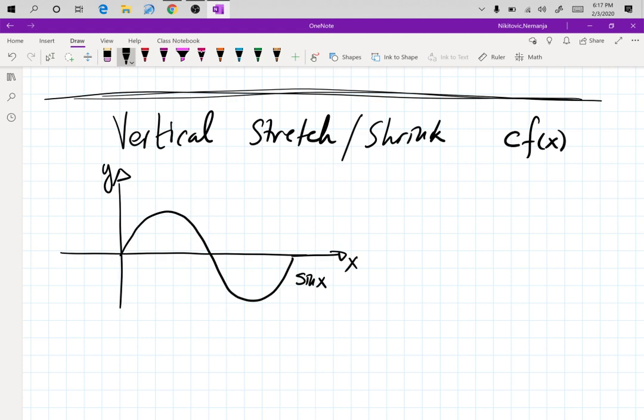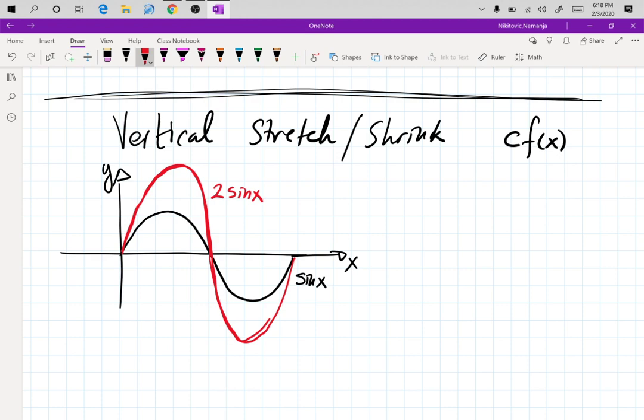Now this is what I'm going to do. I'm going to make a larger peak, but hit the same nodes. And I'm going to call this 2 sine x. So when I multiply by a number bigger than 1, I make the function bigger, and this is how we model waves.